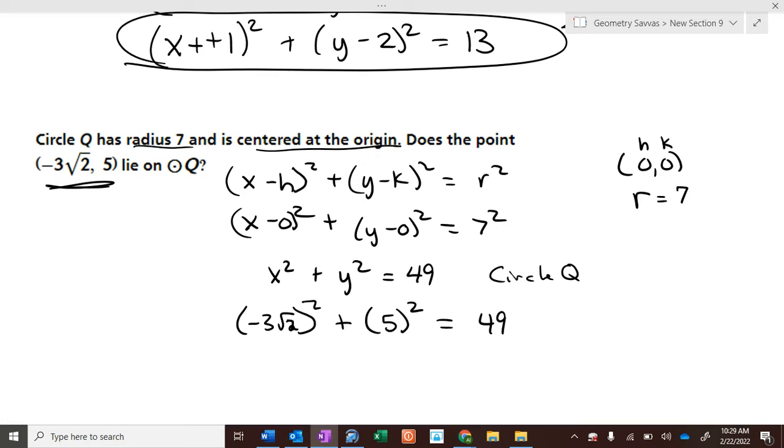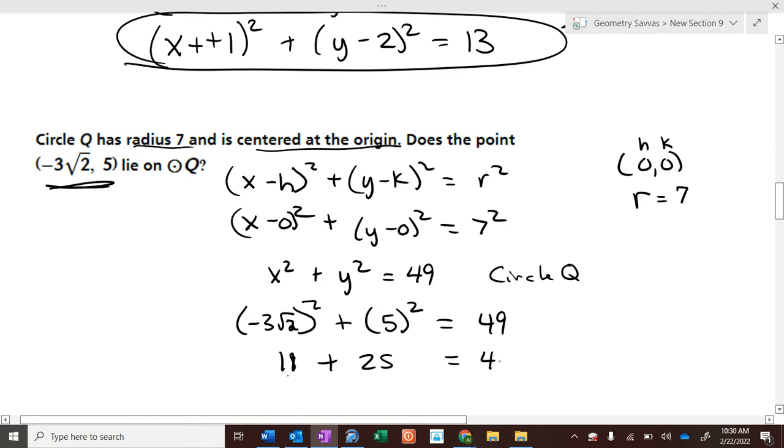What is the square root of 2 squared? 2. What's 9 times 2? 18. What's 5 squared? What's 18 plus 25? It's not 49, is it? So does the point lie on circle Q? No, it does not.